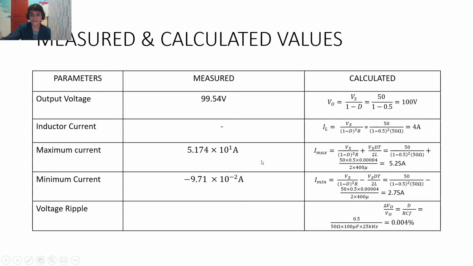So we get a very significant difference because the simulation doesn't consider the error and the loss of heat. The same goes for minimum current. We got measured negative 9.71 exponent negative 2, and from calculation we get 2.75 ampere.